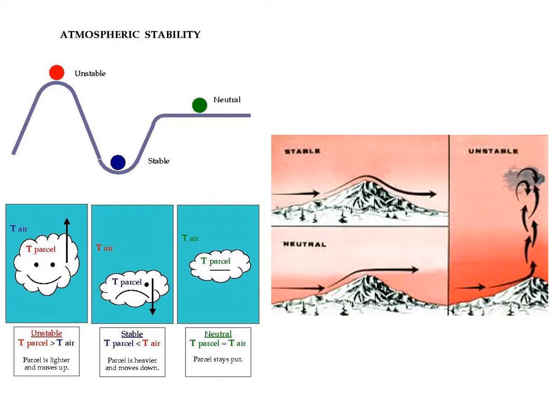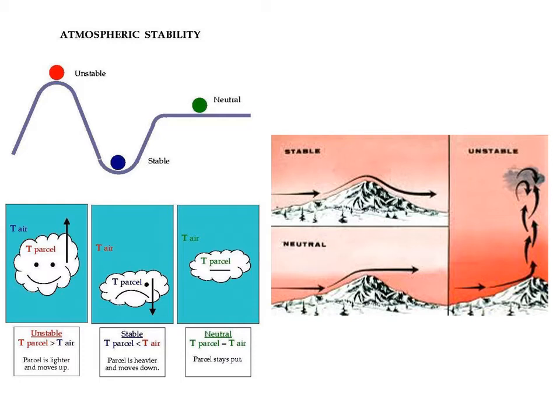To understand more about the stable, unstable and neutral conditions, you can see the figure on the right hand side. That is, when a pollutant is being carried from a valley upwards towards the hilly slope, in case of a stable atmosphere, after reaching the top of the hill, the pollutant will have a tendency to move downhill on the opposite side.